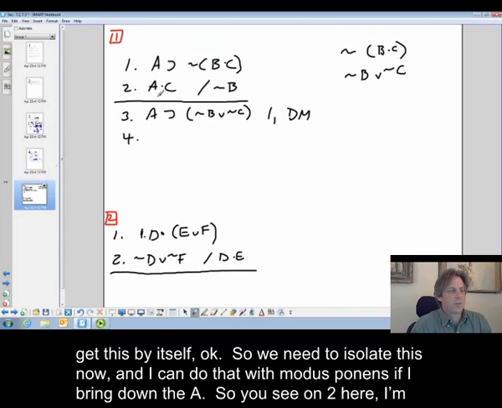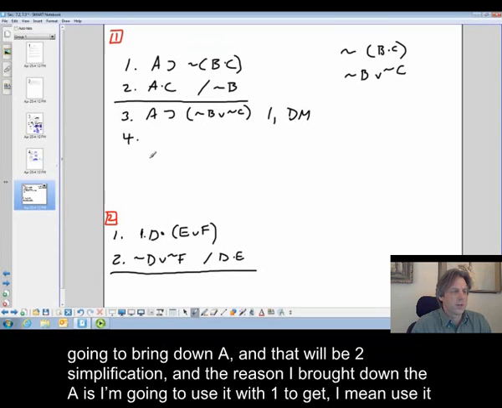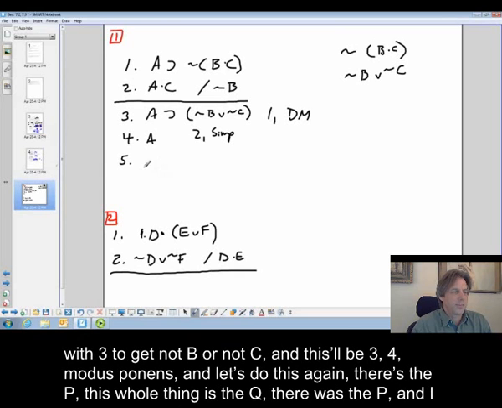And I can do that with modus ponens if I bring down the A. So you see on 2 here, I'm going to bring down A, and that'll be 2 simplification. And the reason I brought down the A is I'm going to use it with 3 to get not B or not C, and this will be 3, 4, modus ponens, and let's do this again.